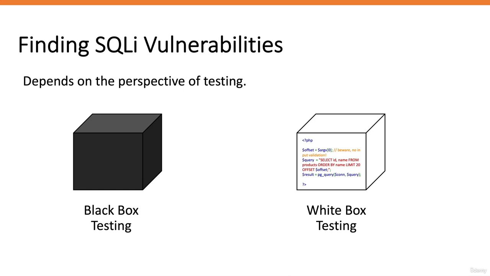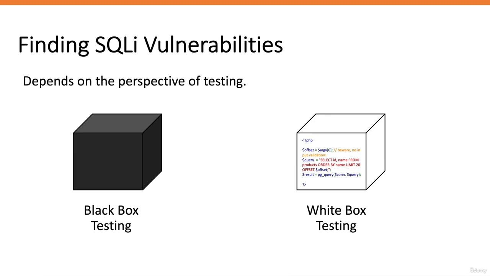So when it comes to my methodology of finding SQL injection vulnerabilities, I loop both gray box and black box pen testing into one category, and that's because my methodology is the same regardless of the category. The way I see it is if I'm approaching it from a black box perspective, my scope will be much more limited than the gray box perspective unless I find an authentication bypass vulnerability.